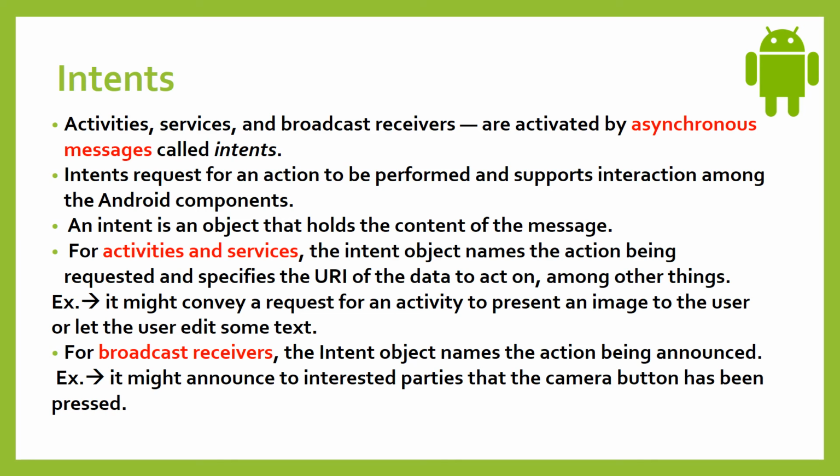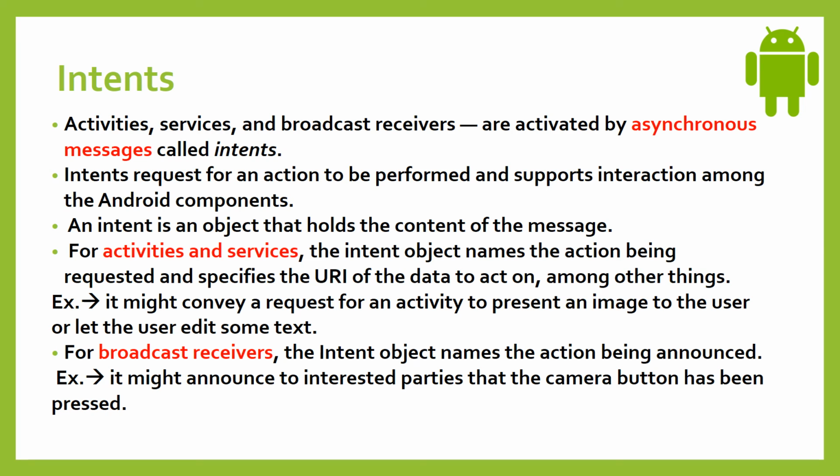But when the intent comes as an object for broadcast receivers, then the intent object name will be the action that has been announced. As we've just seen, broadcast receivers are those that announce.